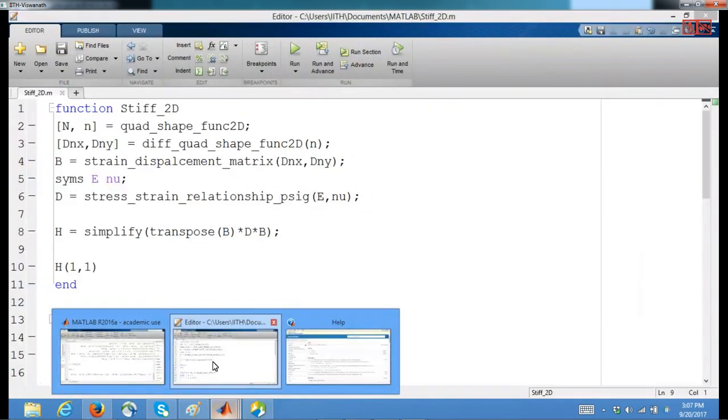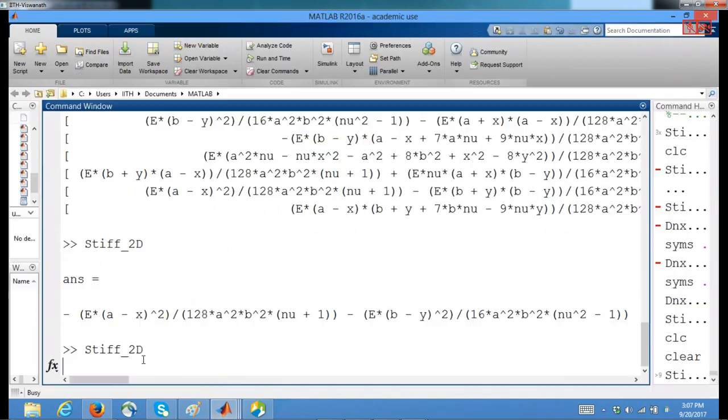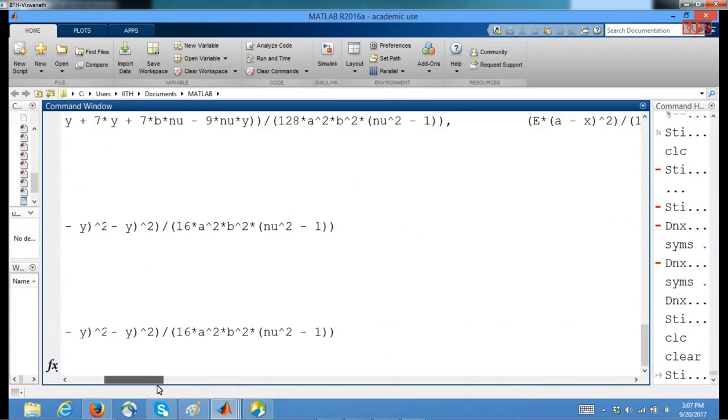Now what we want to do is, let me just say simplify. At most it could simplify it into this form.